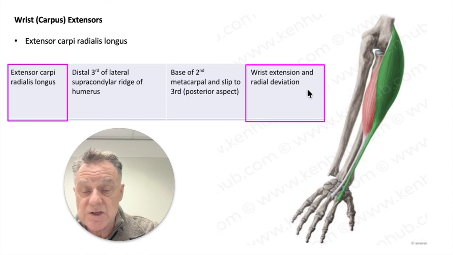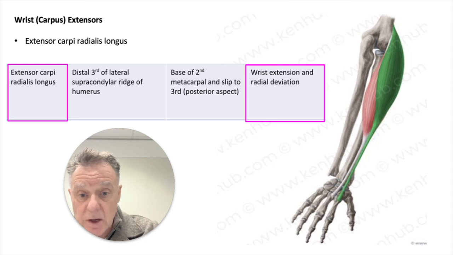You certainly do need to remember actions, and we're talking about from the humerus all the way down into the base of the second metacarpal and into the third as well. They talk about a slip into the third, but into the base of the second metacarpal, and also the base of the third metacarpal as well.